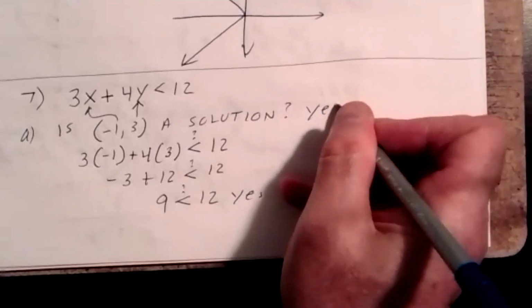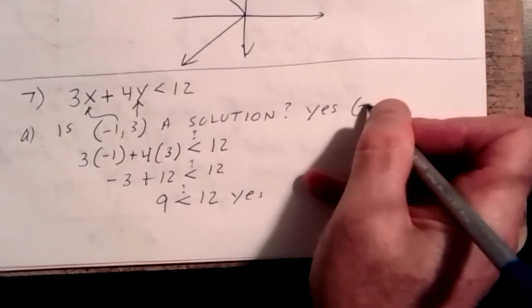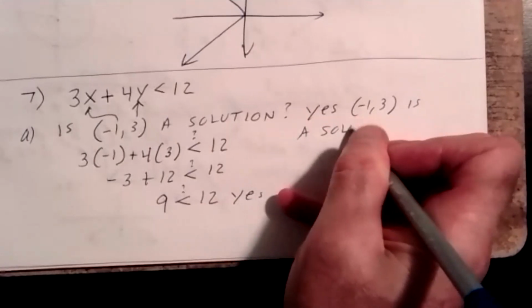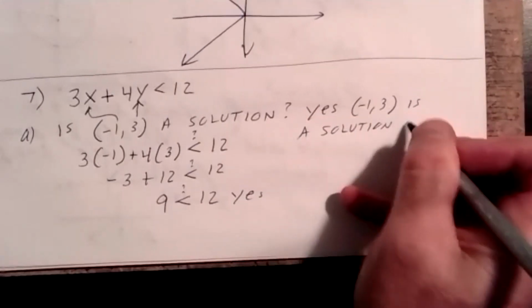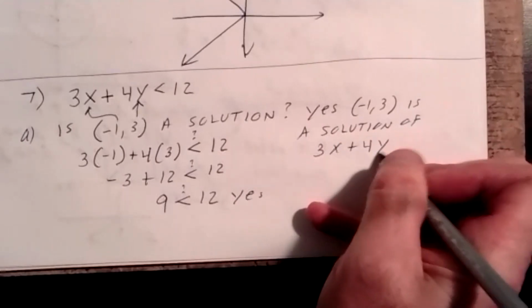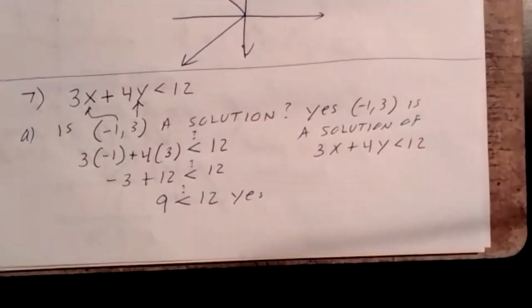So therefore, we would conclude that -1, 3 is a solution of the inequality 3x plus 4y is less than 12. So it is a solution. It satisfies the inequality. Any questions how we verified that -1, 3 is a solution to that inequality in two variables, x and y?